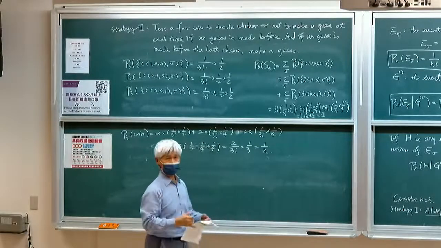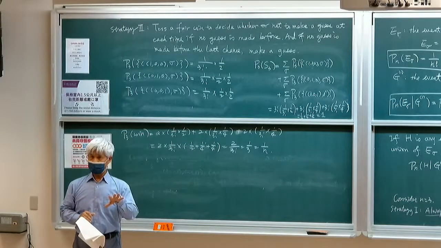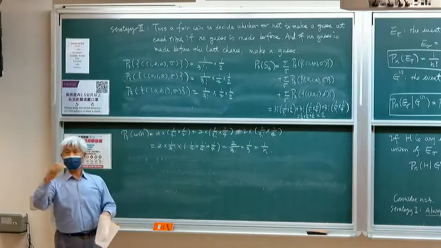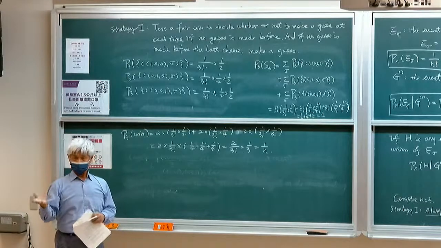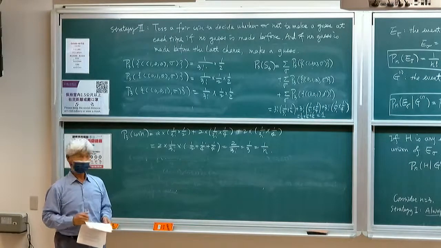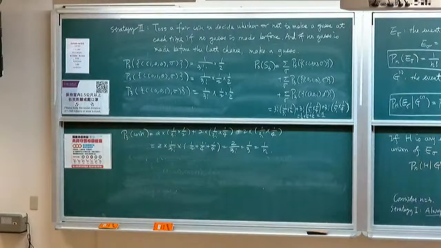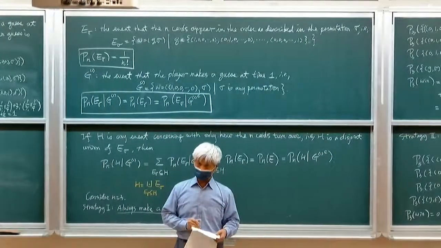So we have established different probability spaces for the running experiment corresponding to 3 different strategies of making a guess. But you can see they have the same win probability, which is 1 over 3.